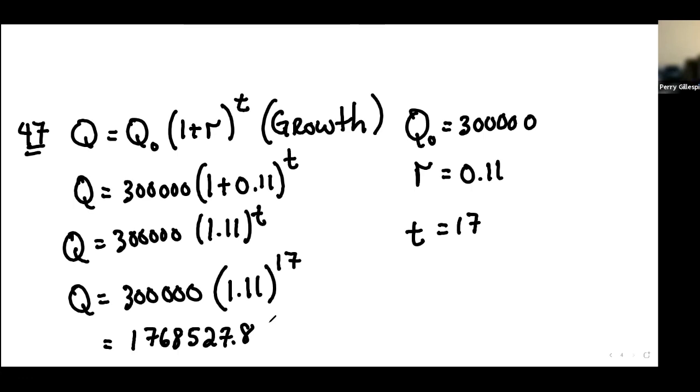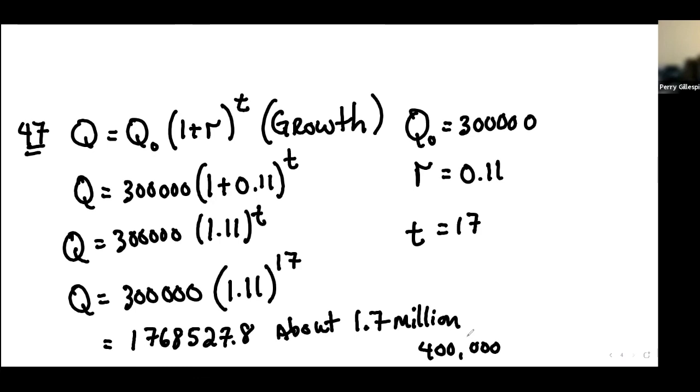But notice this here is about 1.7 million. But what was the actual rate? The actual rate in 2017, they said, was 400,000. So this is much higher than the actual rate.